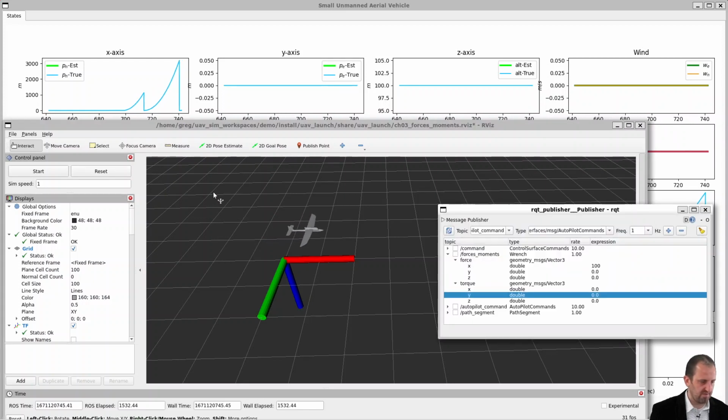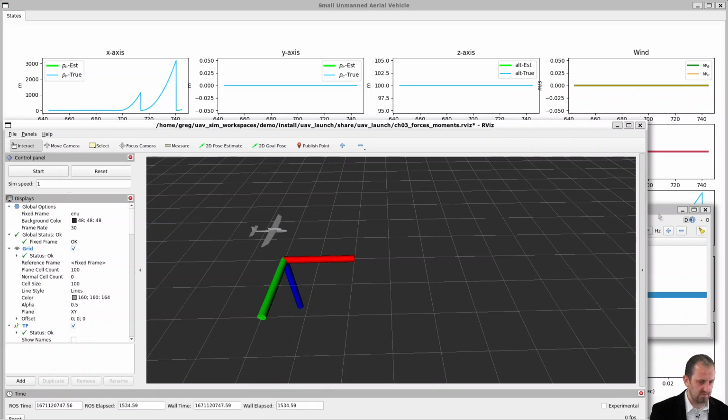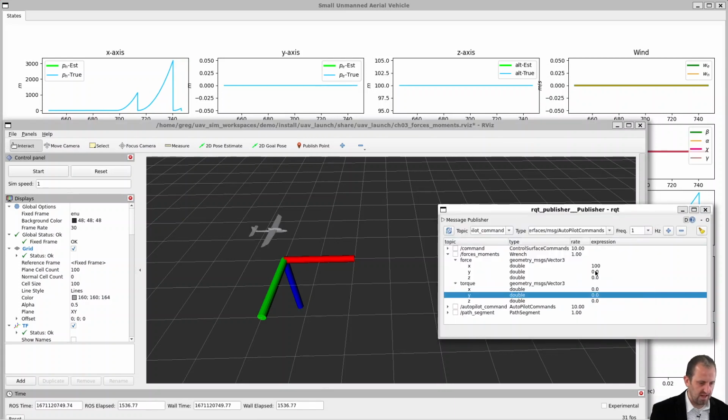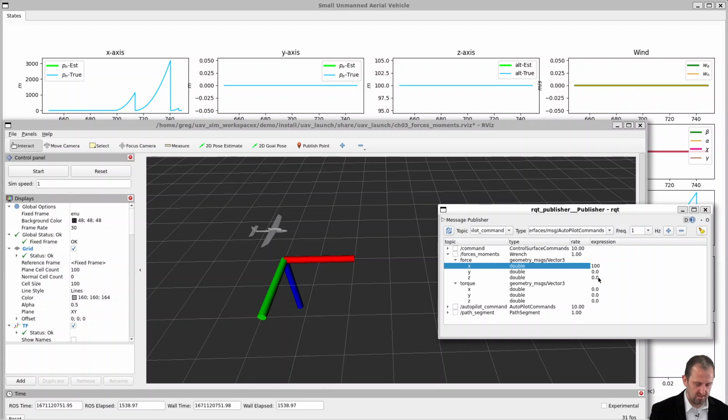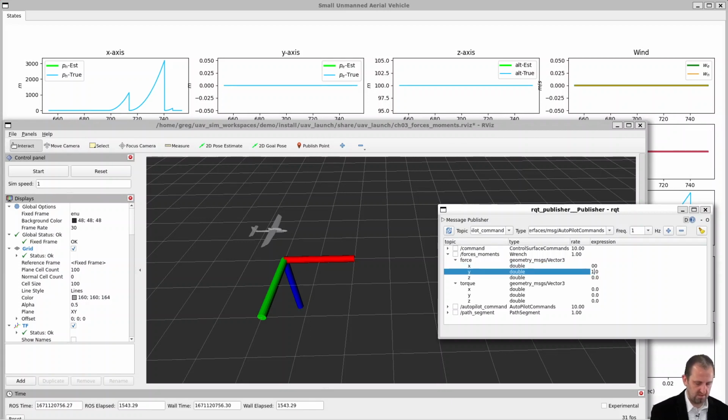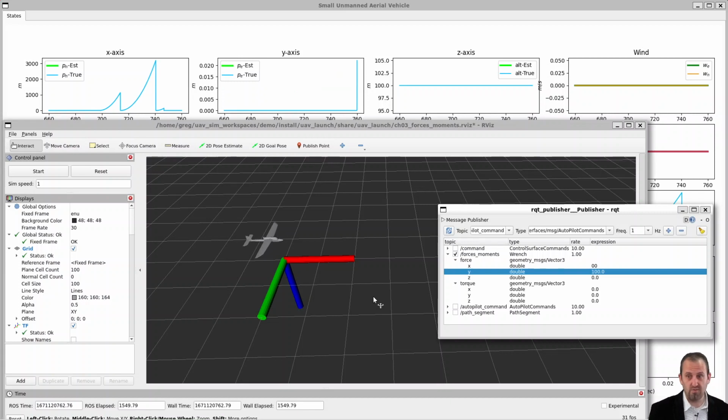Let's turn off the forces. I'll reset it so we can get back. Let's do it in the Y direction. We can turn on a force in the Y direction, and this is now a very unnatural movement. We're just going to move to the side.